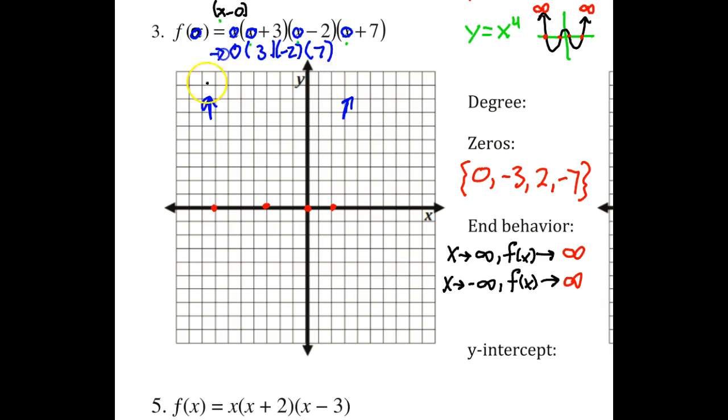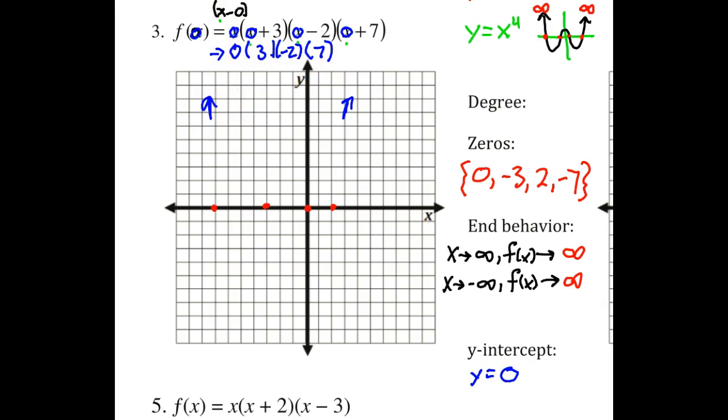But the fact that the first value is 0, it's going to be 0 times these numbers. So it has to be 0. 0 times anything is 0. So we don't really need to check it. But anytime you have just an x in the front, that means the y-intercept is going to be 0.